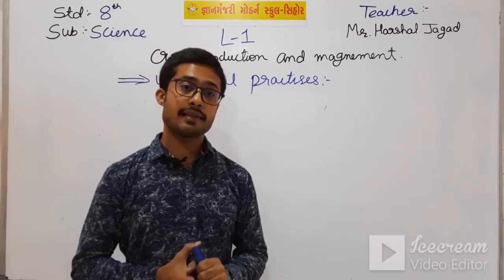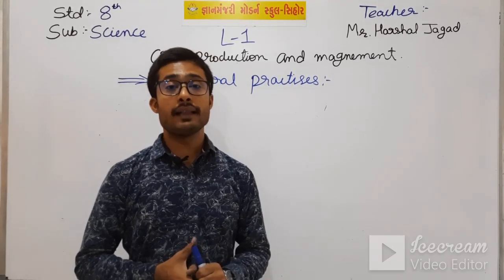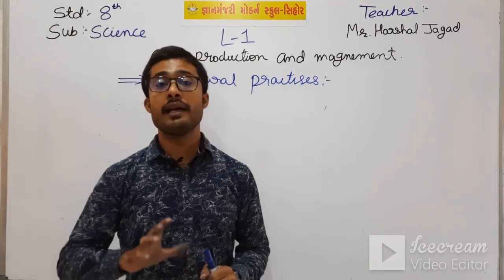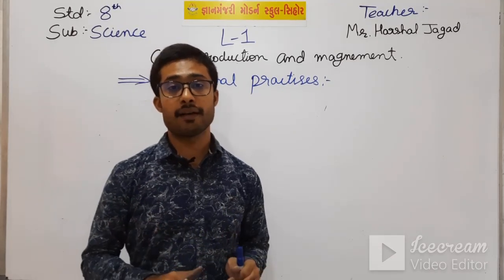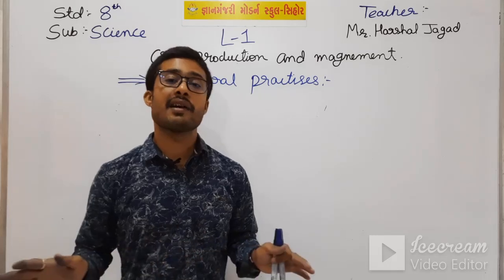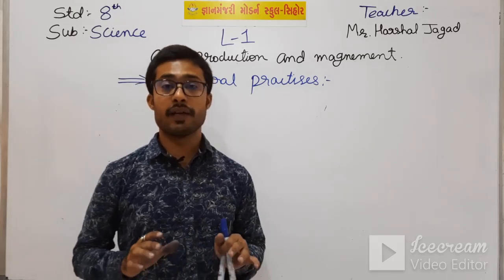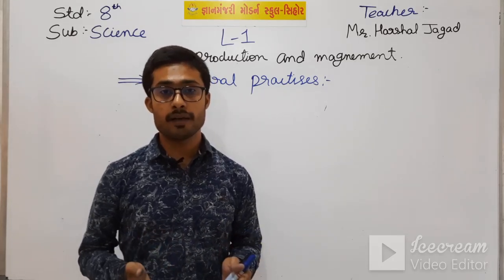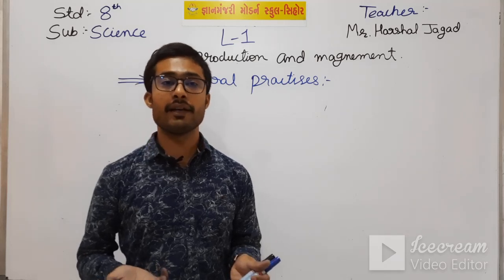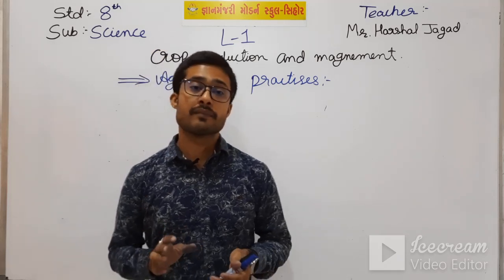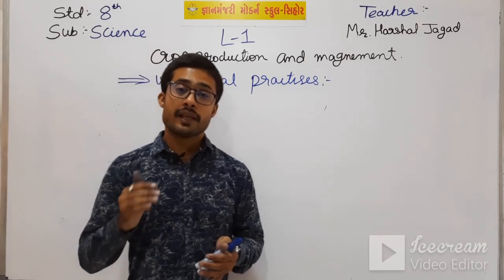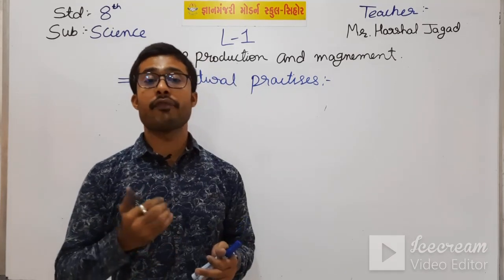So, fertilizers are added when the soil does not have enough nutrition in it, so the plants can't grow. Okay students, so if the plants can't grow properly, then there is no use of growing the plants. So, the external nutrition is added by the fertilizers.